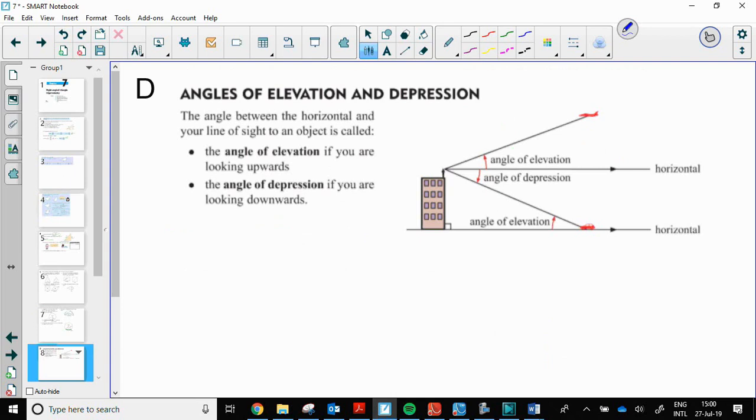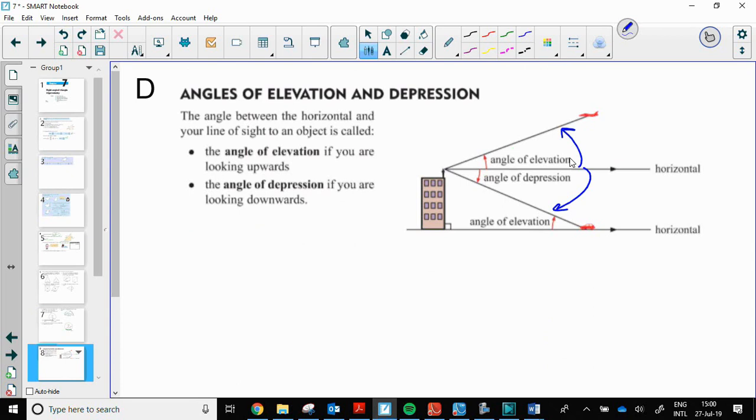Moving on to section D. Okay, just some vocabulary here. An angle of elevation, if you see that in a problem, it means it's an angle looking up from a horizontal line. And angle of depression is looking down from a horizontal line.